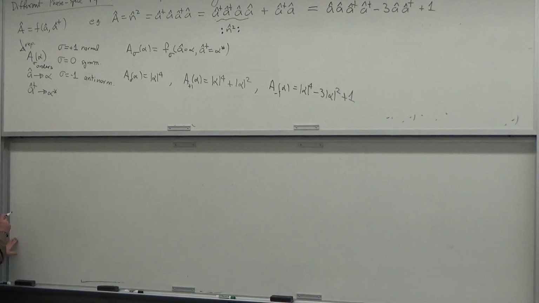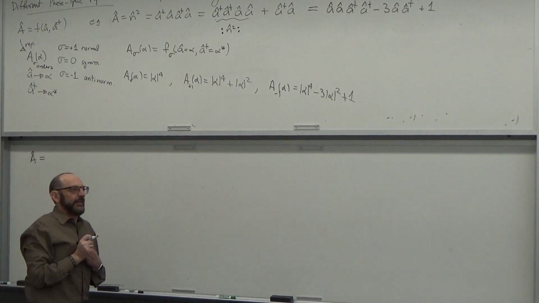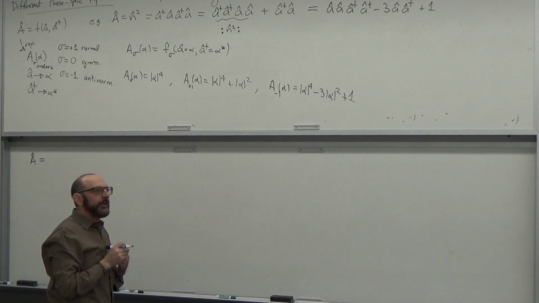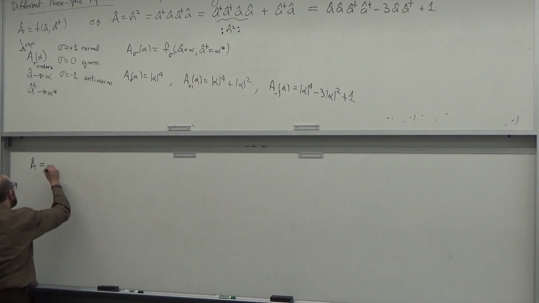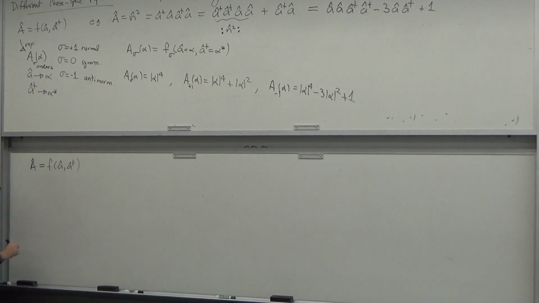All right. So let's say I have this operator A. And I can always express it in a power series. This thing is a function of A and A dagger, just like the one we had up there.